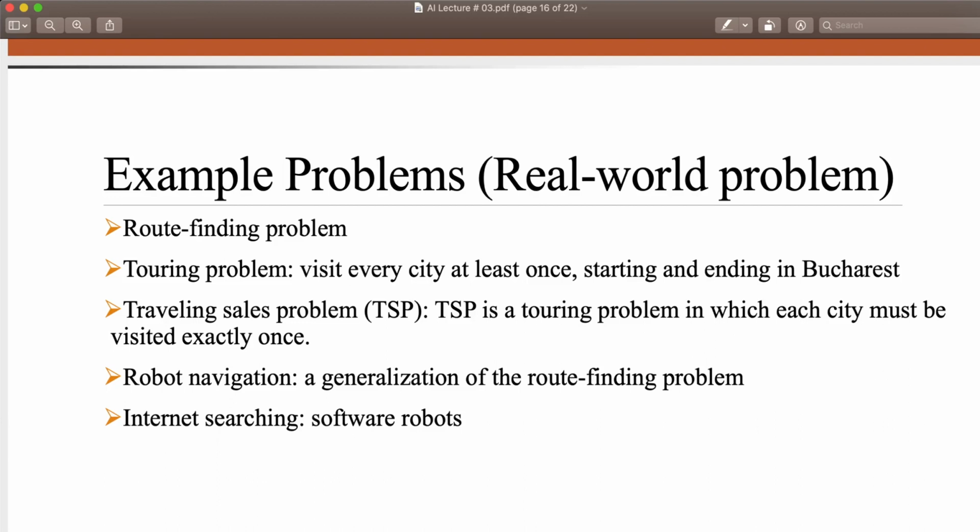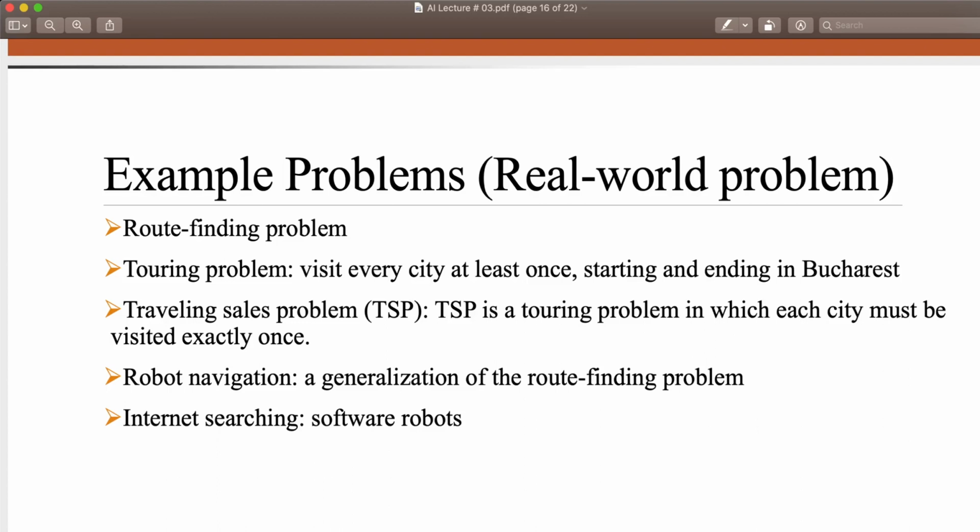It is a kind of touring problem, but with a specific constraint: the agent can visit any city exactly once. It can't visit a particular city more than once. So this kind of problem is the traveling salesman problem.